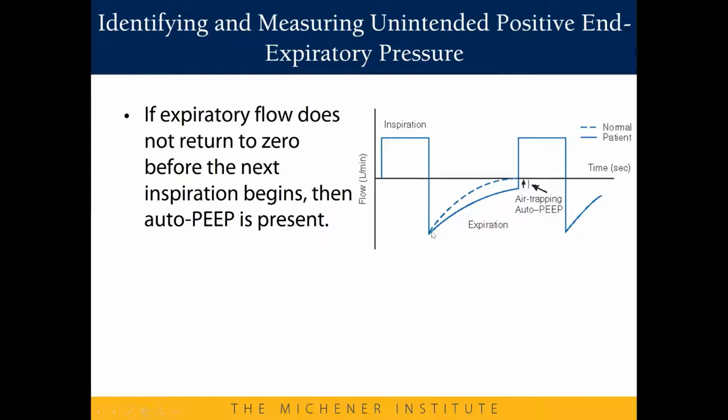This solid line here is demonstrating air trapping or gas trapping. So you might hear one or the other. As the patient's exhaling, they still have air left, they haven't gotten all their air out, but now it's time for the ventilator to give the next breath, and it delivers the breath.